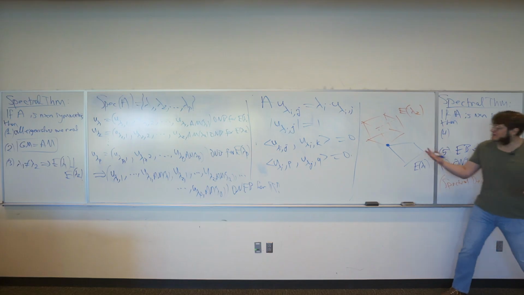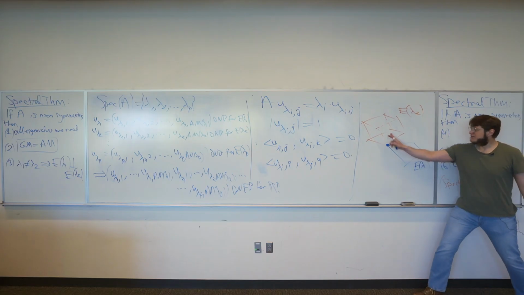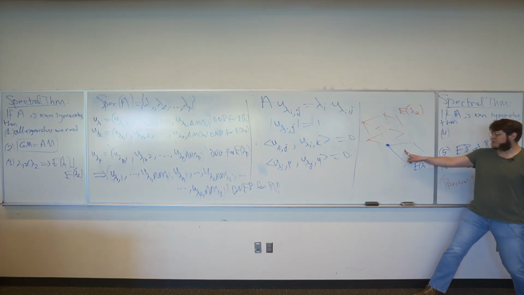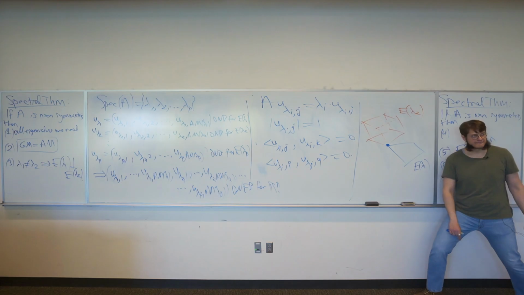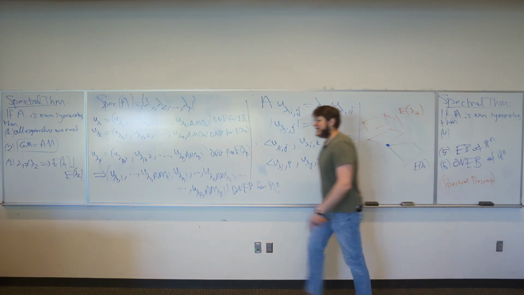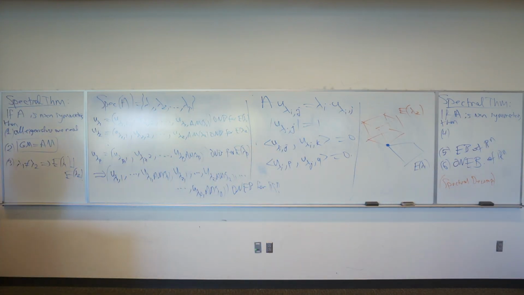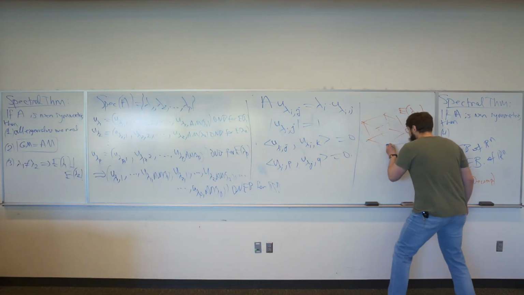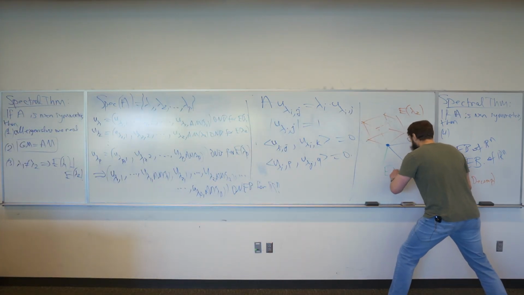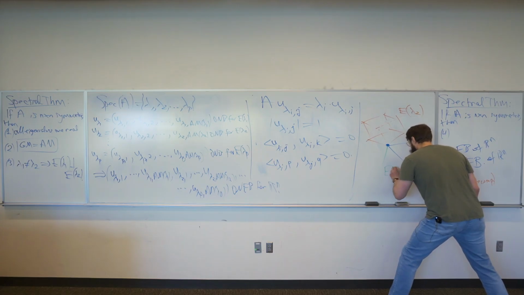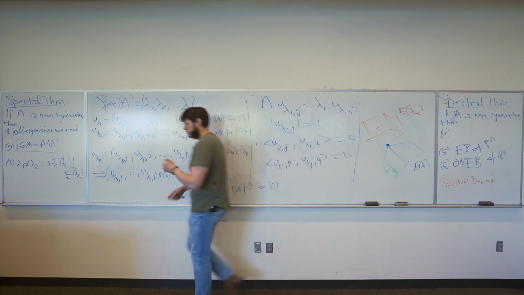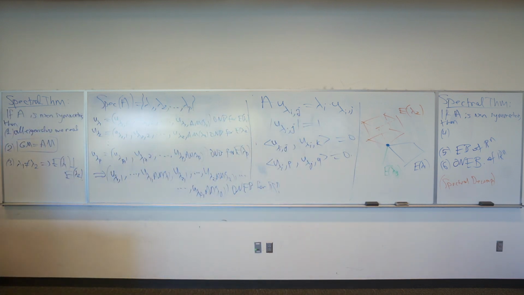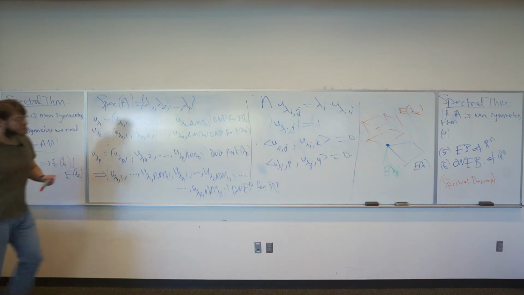This is harder to visualize, but imagine that this three-dimensional space is perpendicular to this plane. Then I have some other eigenspace. Maybe it's one-dimensional, somewhere like this. I'll do one more. Let's add one more plane somewhere here.